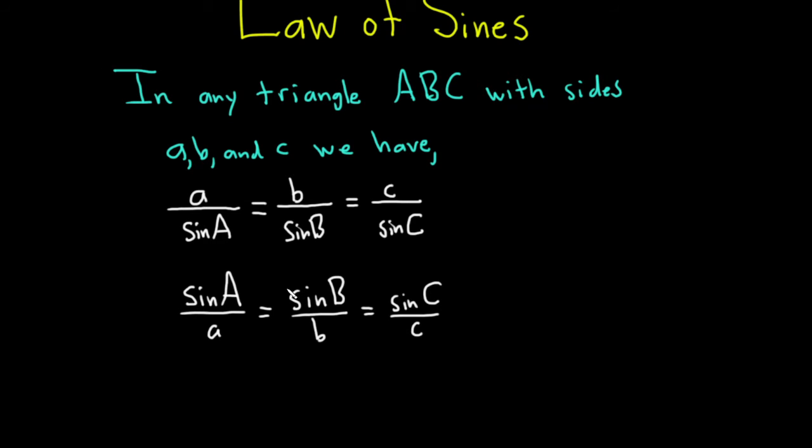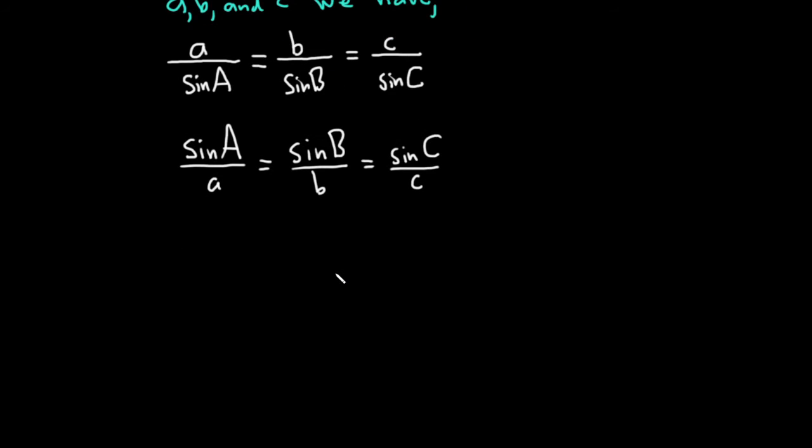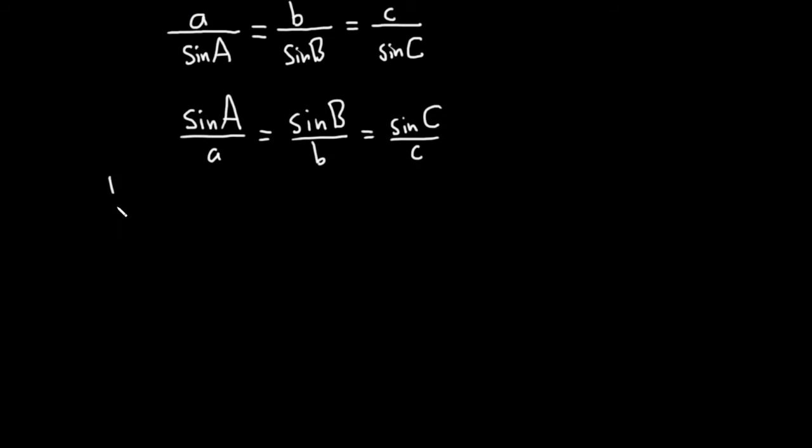So let's go ahead and just jump in right now and do a problem where we use the law of sines. So, example, and we're basically going to solve a triangle.